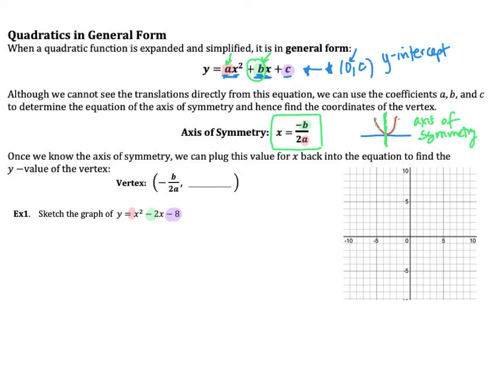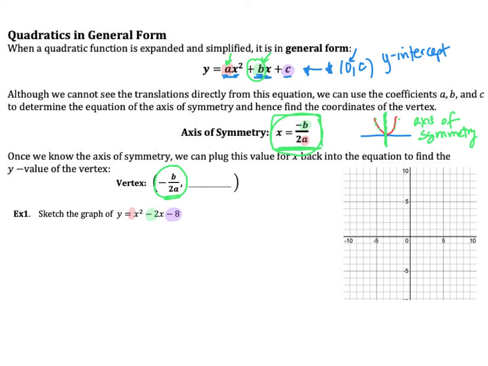Of course, if the axis of symmetry is negative b over 2a, then that would be the x-coordinate of your vertex. So that is how we can find the x-coordinate of our vertex. Again, the x-coordinate of the vertex is the same value as the axis of symmetry.